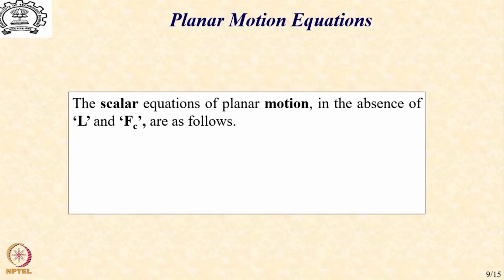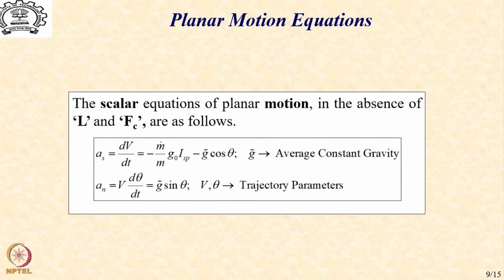Of course, as we have mentioned earlier, we will assume that the lift is zero because the vehicle is flying with zero angle of attack, and that we do not need an Fc for rotating the velocity vector. So we assume both these to be 0, and with that we write down now the equations of equilibrium.